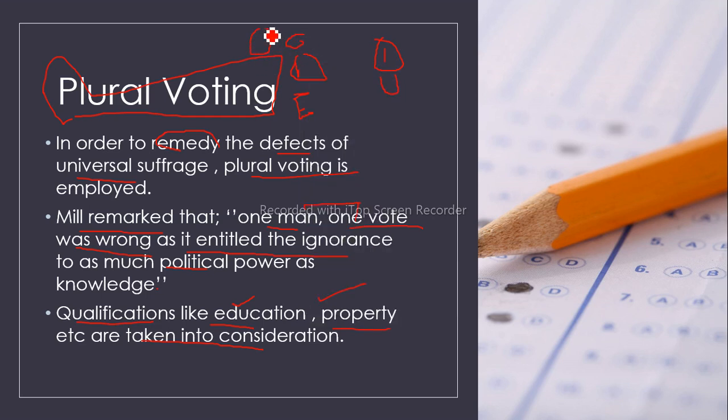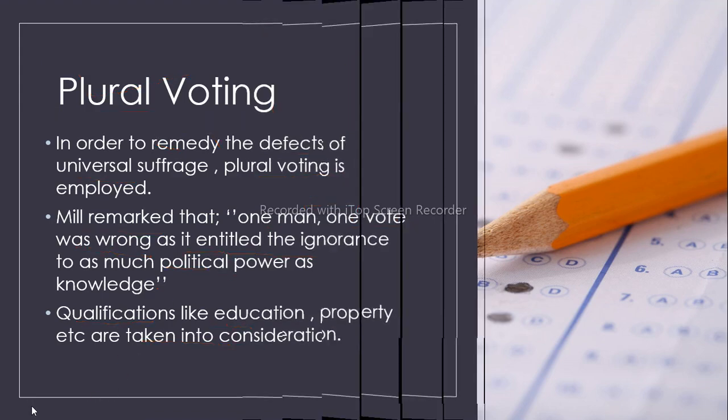I will have 3 votes and the uneducated person will have only 1 vote. So this is how plural voting works, that we give an edge and we discriminate and differentiate between educated and uneducated, while we also uphold the principle of universal suffrage.